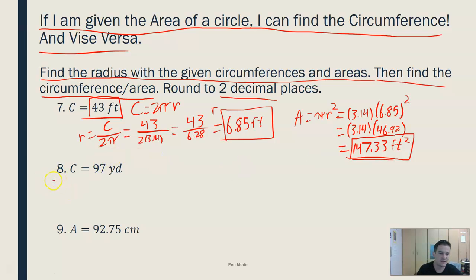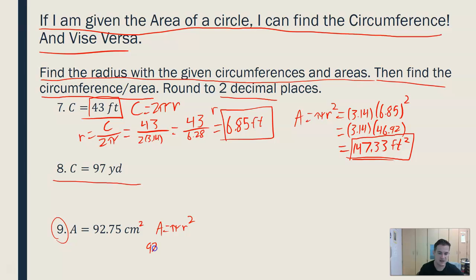Okay, I'll go ahead and leave this one for you to do on your own. Number 9, let's do together. If I'm given the area, area is equal to 92.75 centimeters squared. That should be squared. So I need to find the radius before I am able to find the corresponding circumference for this circle. So area is equal to pi r squared. Let's plug in what we know.